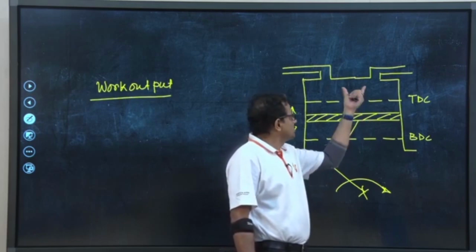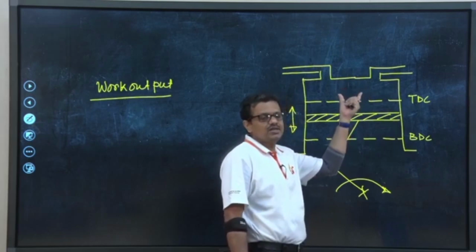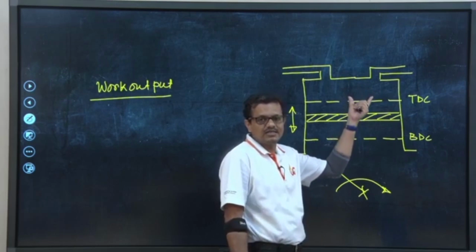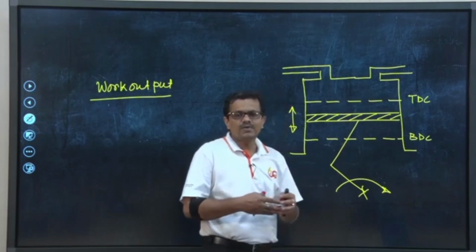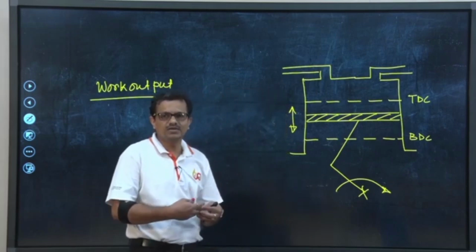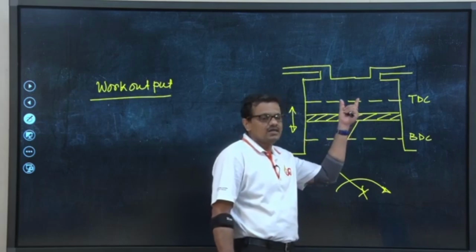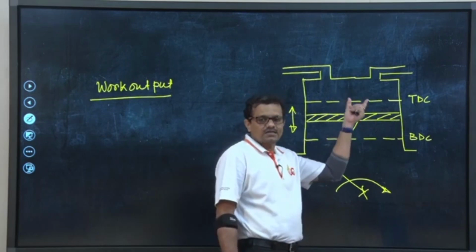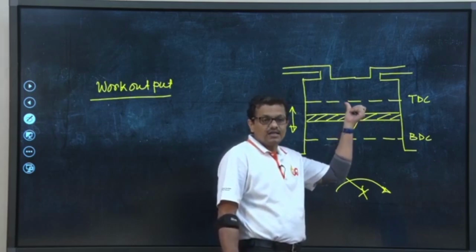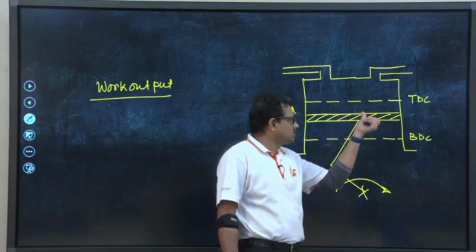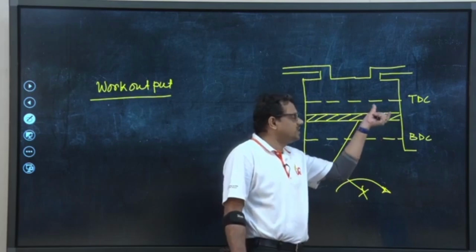So, the air-fuel mixture, or air which would eventually be mixed with fuel for the CI engine, at the end of the compression stroke, the sole purpose is to have perfect or efficient combustion, and because of the combustion, due to the gas pressure, a force will be acting on the piston face, and because of that force the piston will have movement, or the piston will travel from TDC to BDC.